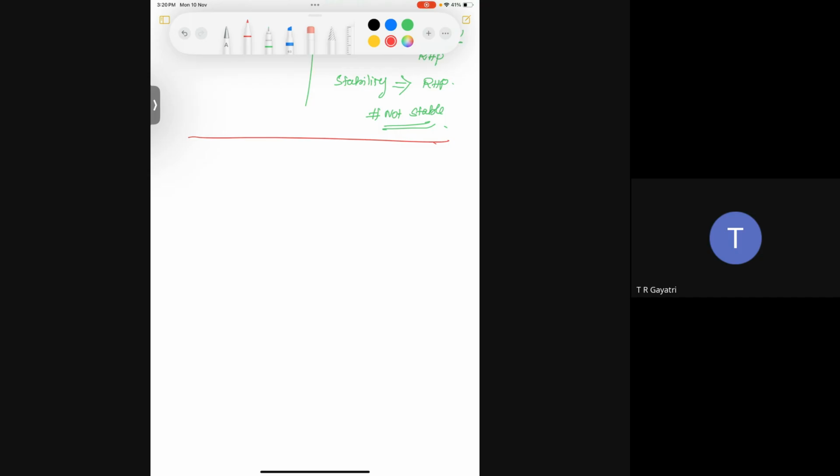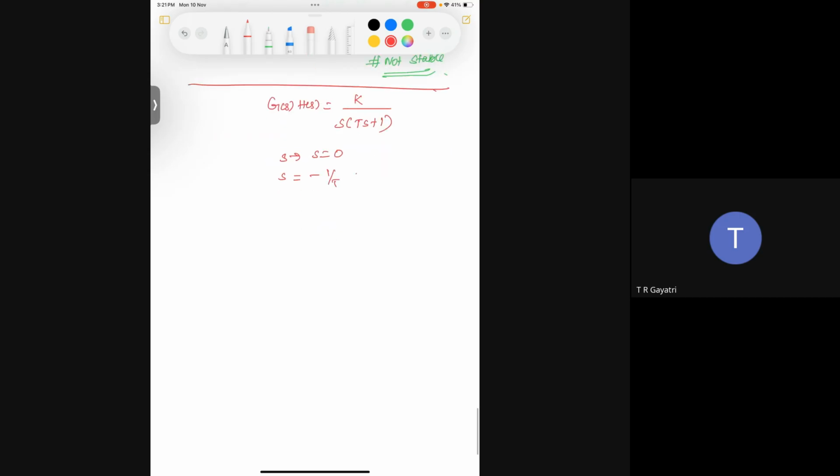Okay, detour around this triangular circle. We can take a general representation G of s into H of s equal to K by s into (Ts plus 1), where you have one pole at the origin and another pole at s is equal to minus 1 by T, right?